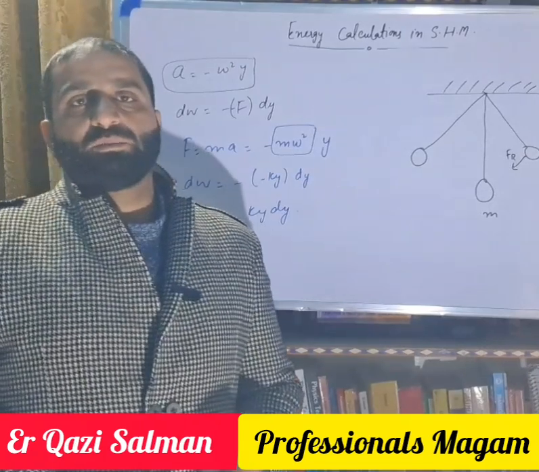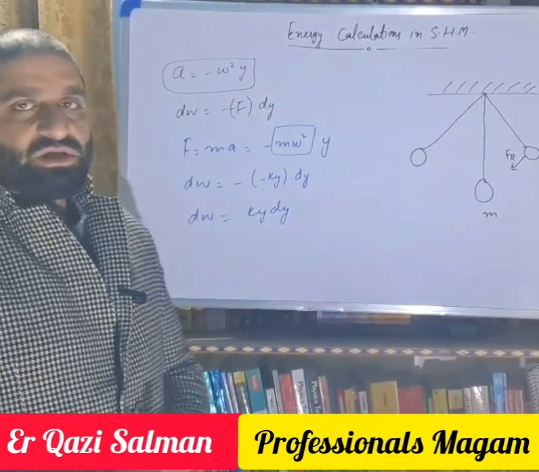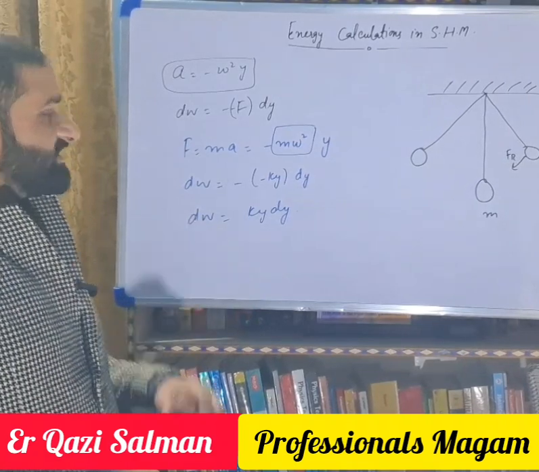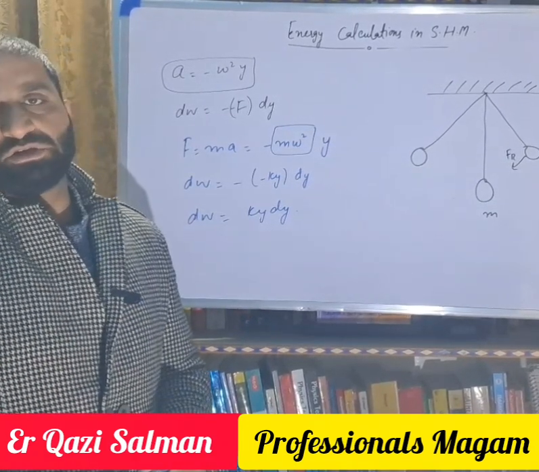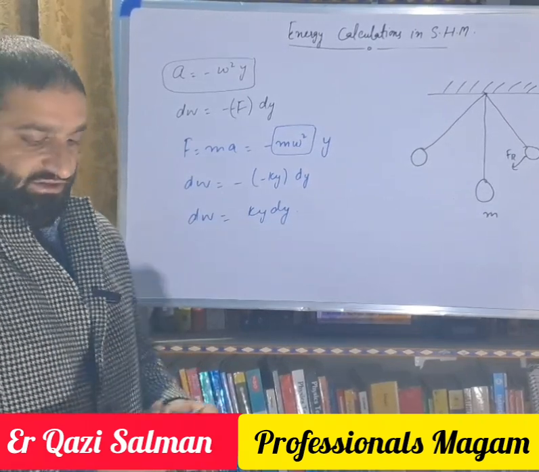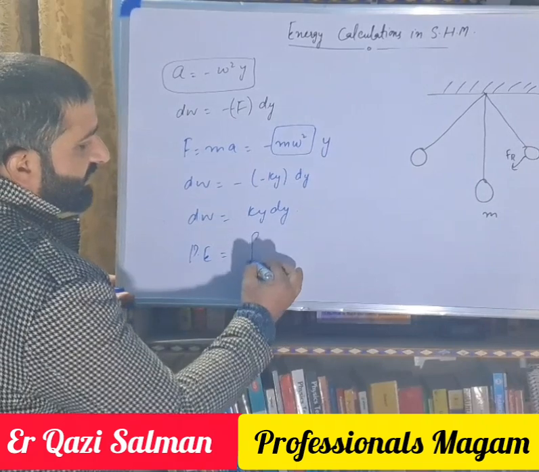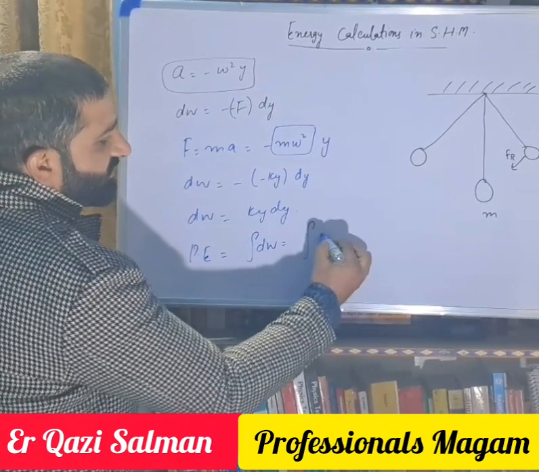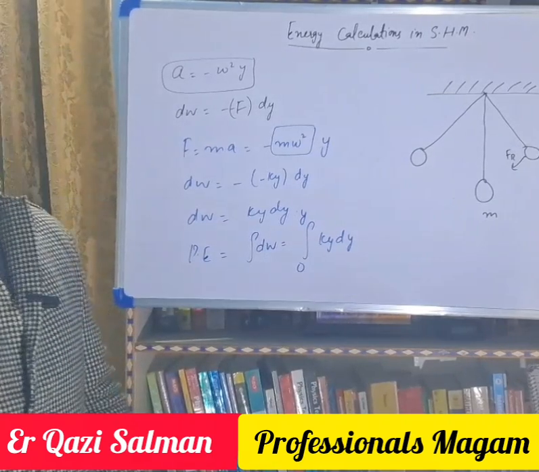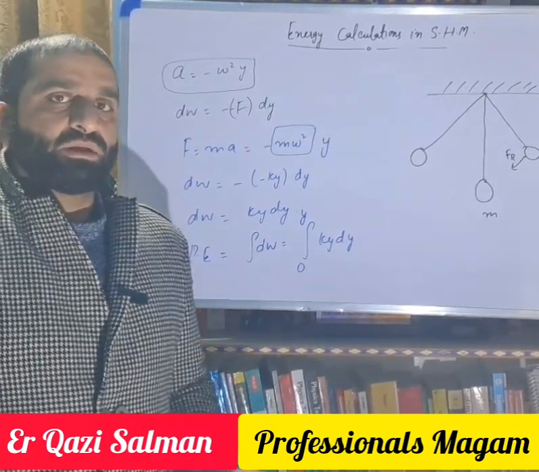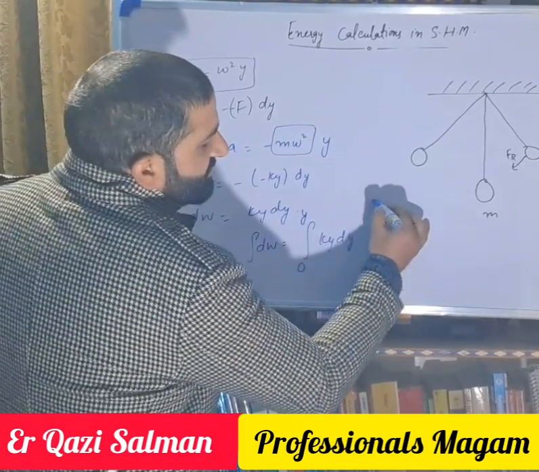Now to calculate the potential energy, if we lift it or any other force lifts it from the mean position, we have to integrate this equation from 0 to that displacement, and that integration of dW will give us the potential energy. So the potential energy will be equal to the integral of ky dy from limits 0 to y, if we displace it by a distance of y.